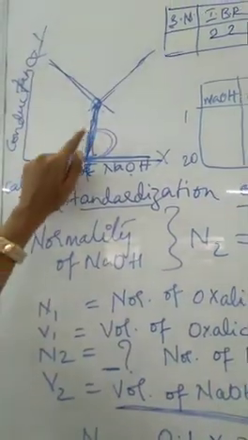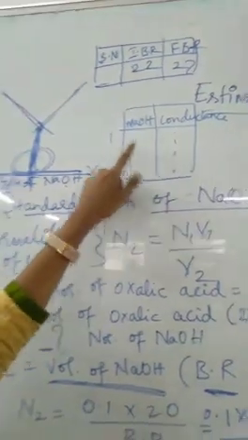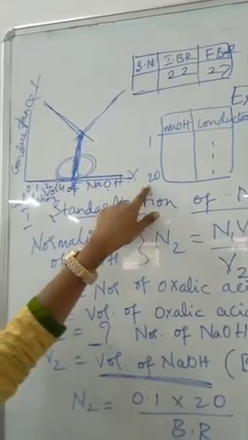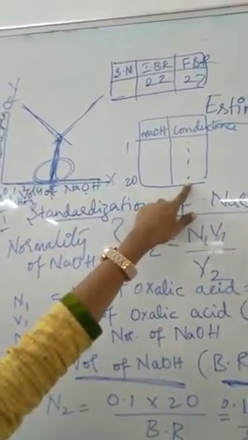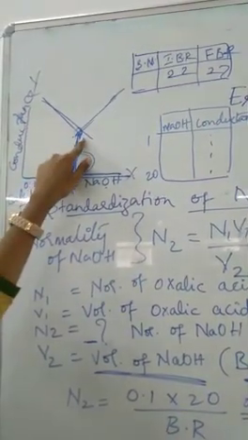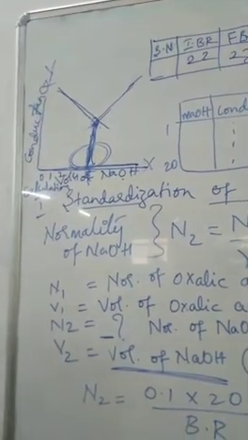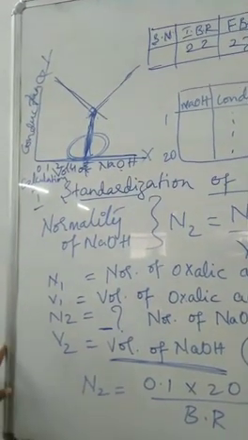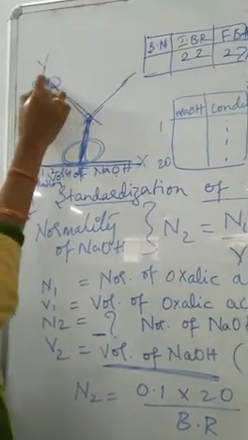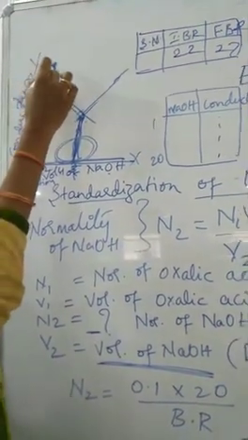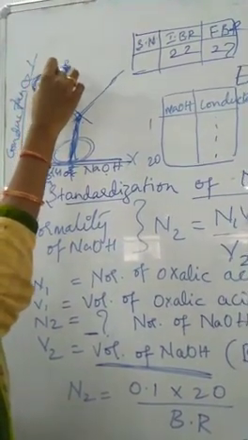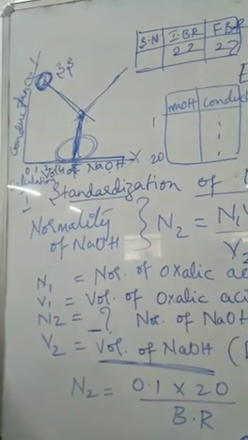As I said, we take nearly 20 conductance values, which should be taken while plotting the graph. Initially, before the addition of sodium hydroxide to the HCl, the conductance is at its maximum, nearly 33.